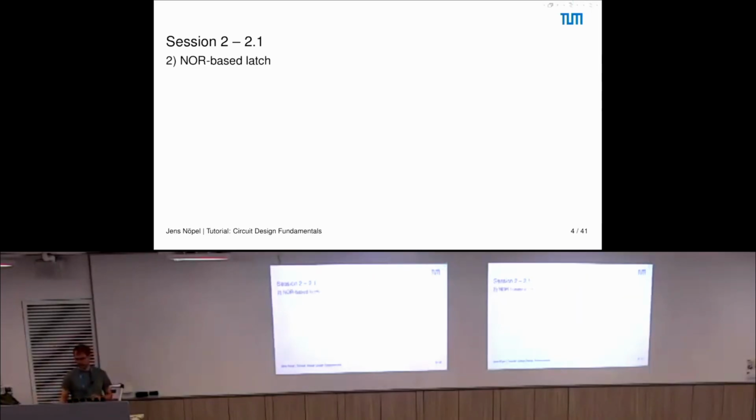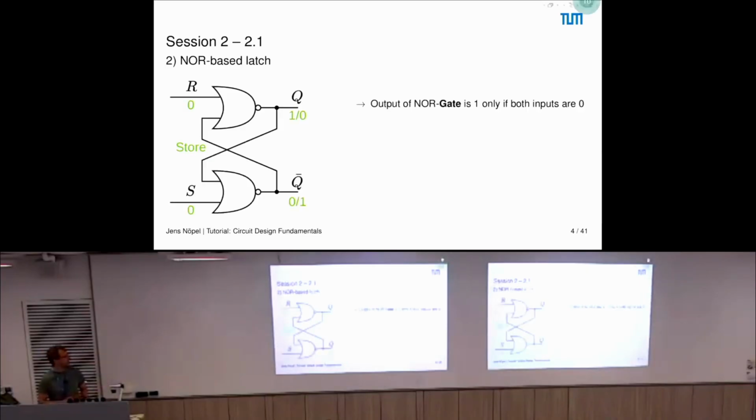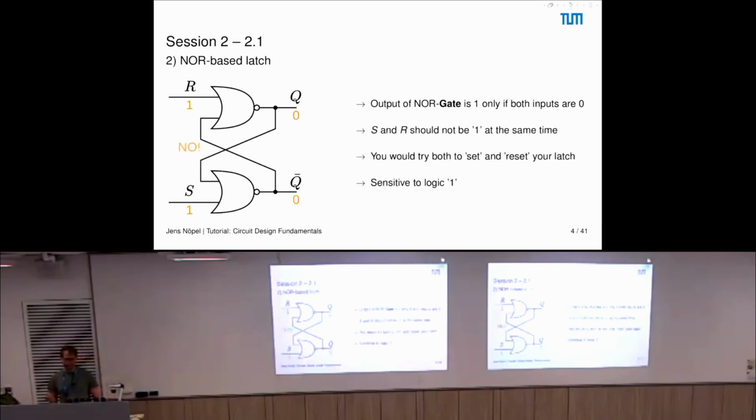Afterwards, we talked about, okay, what other types of memory or storing element could be used. So we talked about NOR-based latches, how they work, how they store values, how we set a value, how we reset a value, and also forbidden states.